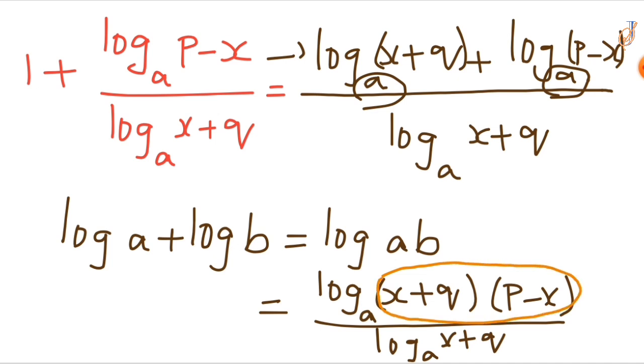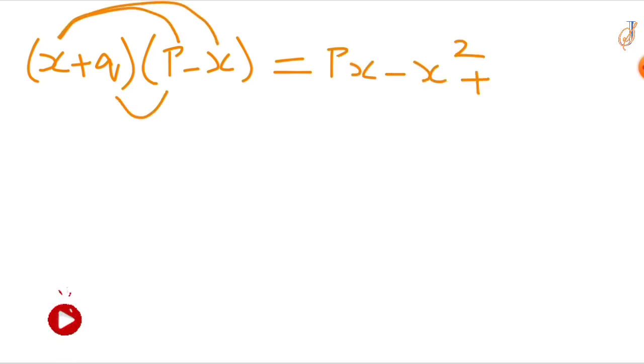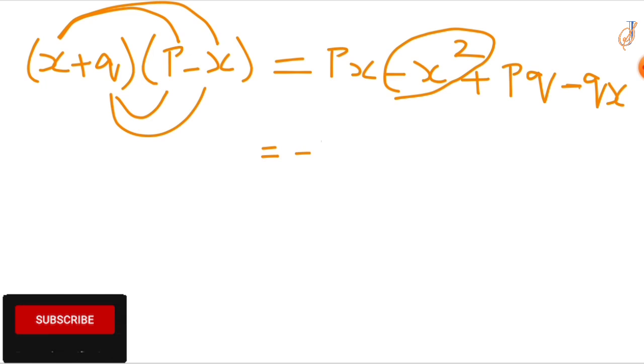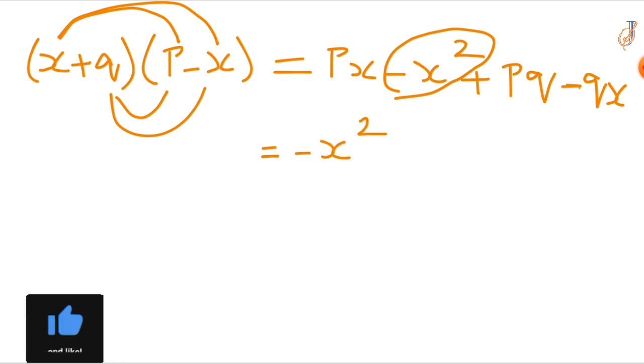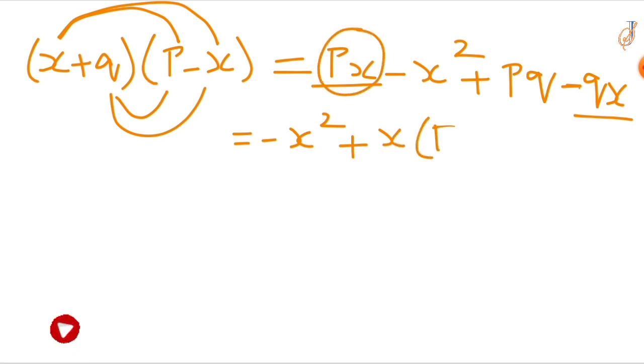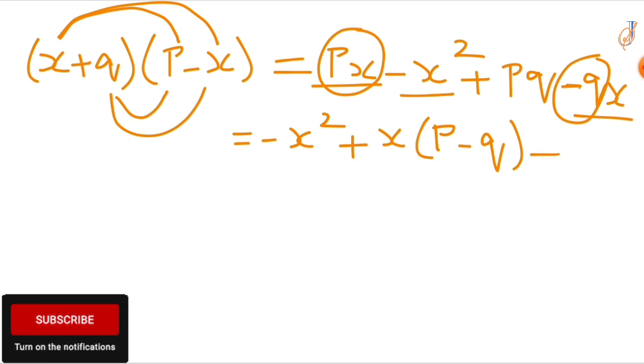Here we have (x + q) times (p − x), so first simplify that. If you expand the terms, you will get px − x² + pq − qx. We have the x² term, so write that first. After that we have the px term. If we take x as common, we are left with only p − q. The x² term is done, so we are left only with the constant term, that is pq.